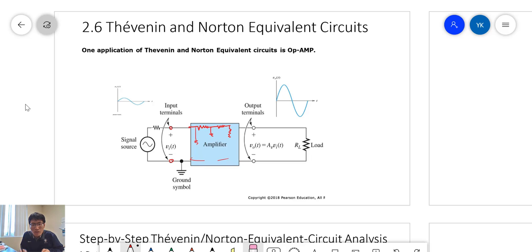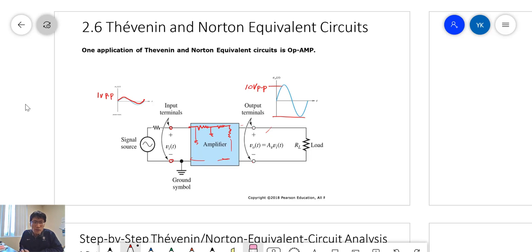We don't know in detail, but somehow it amplifies the input signal and transforms it to other signals. So output signals are generated from the two terminals of our amplifier. So for example, a 1 volt peak to peak input signal can be transformed into, for example, 10 volts peak to peak output signals through the amplifier.